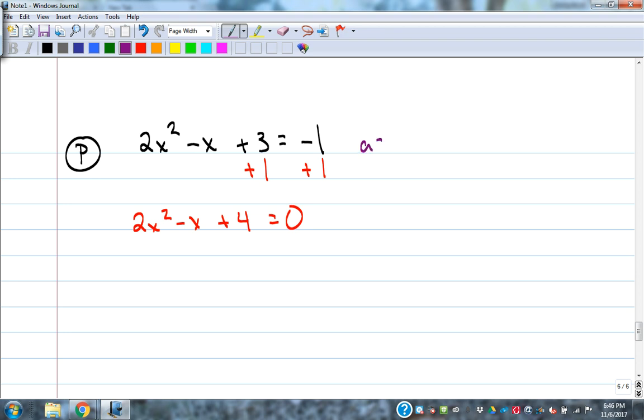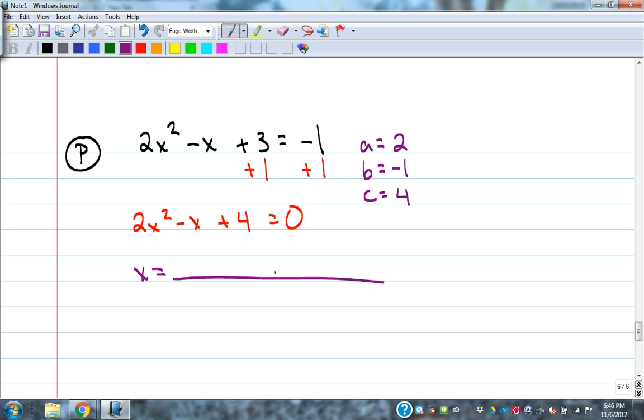It's always helpful to get that A, B, and C list, whether you get it in your head or you write it down. I always just write it down when we're doing notes because we need to refer to those things. A is 2, B is -1, C is 4. Those are your A, B, and C. Whether you put that list on paper or just have it in your head, it doesn't matter.